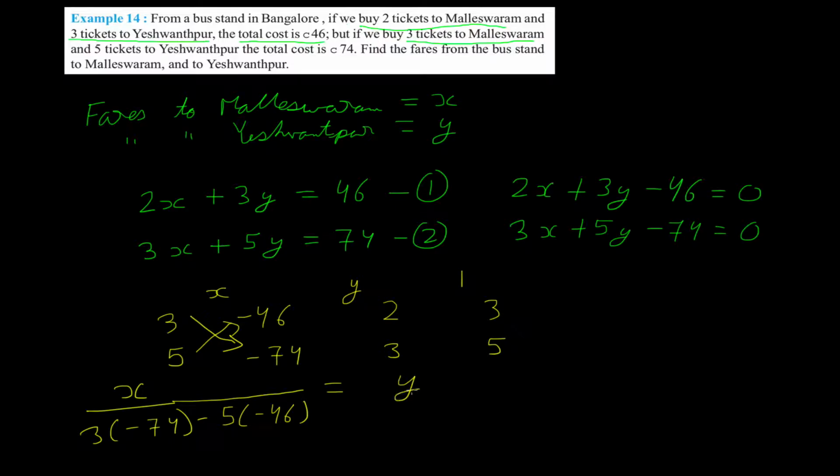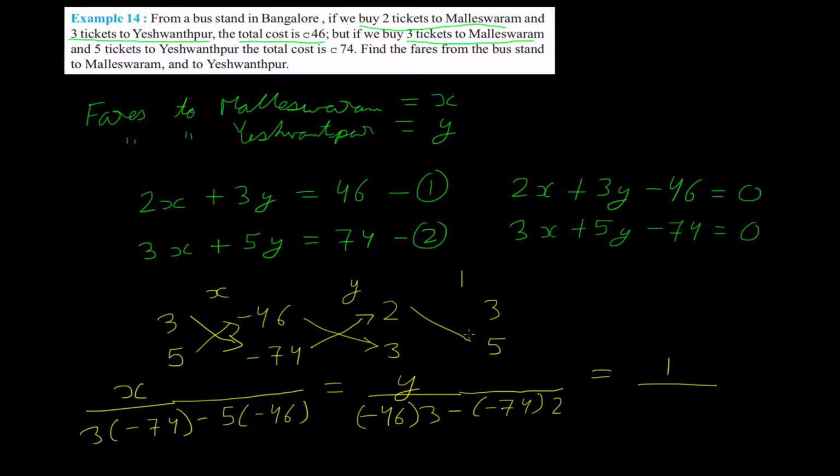Then in the second we have y divided by minus 46 times 3 minus 74 times 2, and this will be equal to 1 divided by 2 5s are 10 minus 9.